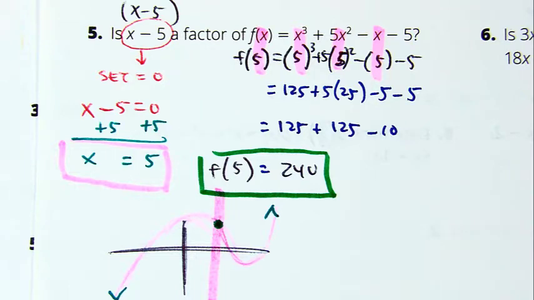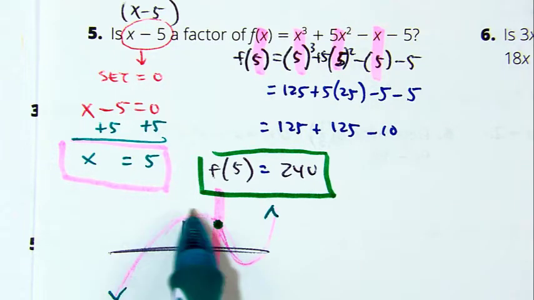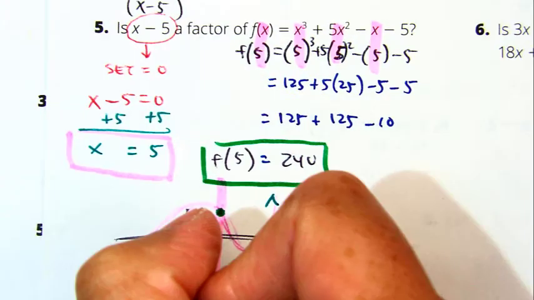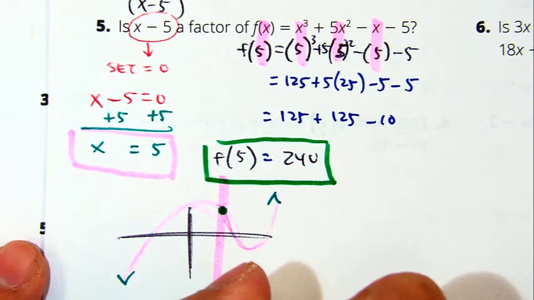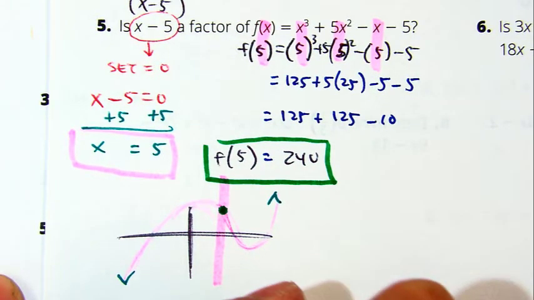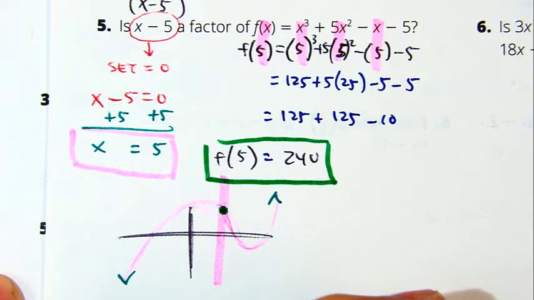Okay, this is Friday's lesson. Class, does it touch the x-axis on the pink line here? Does it go through the x-axis, the graph? No, it doesn't. So no, it is not a factor.